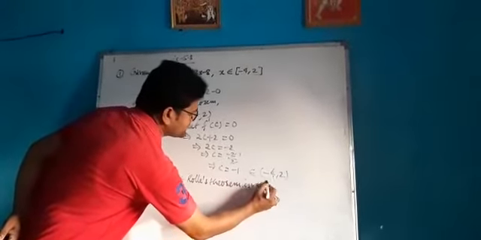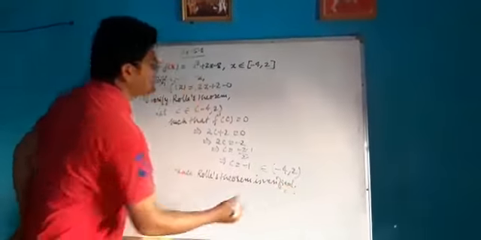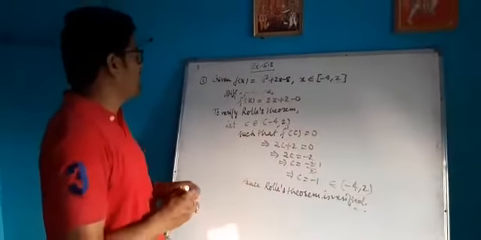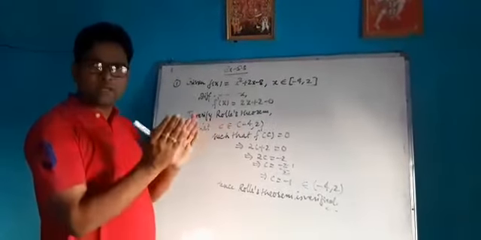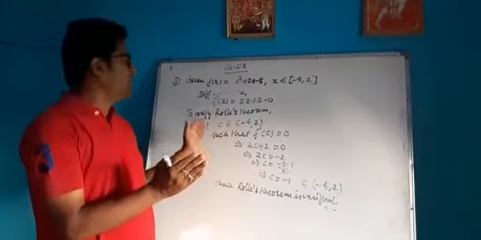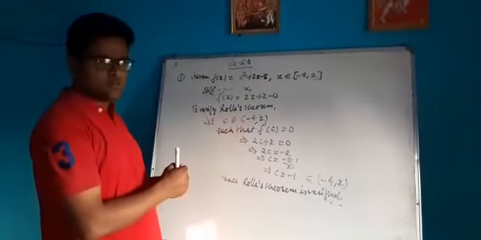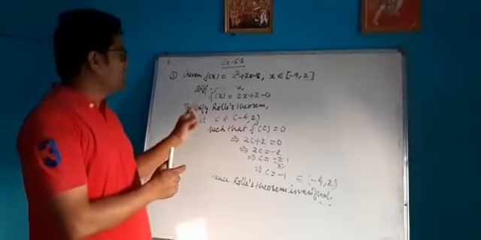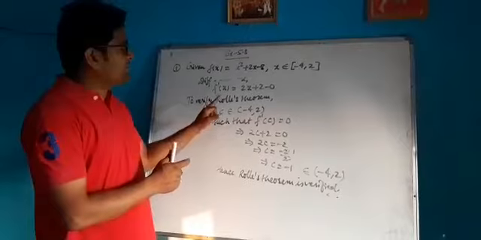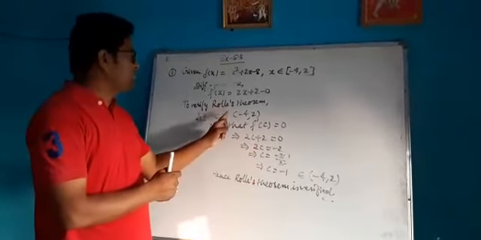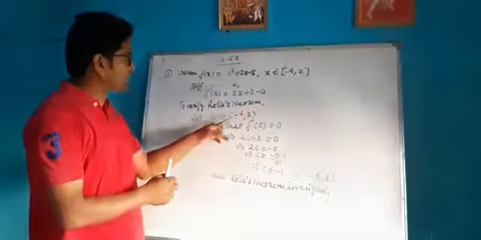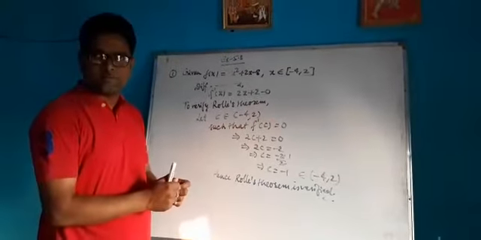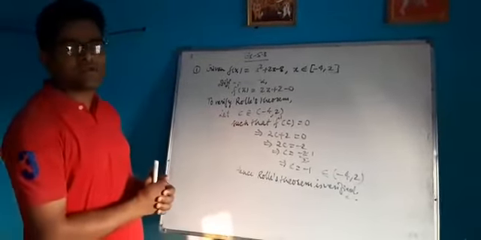It means we just suppose that c is a point in the open interval minus 4 to 2, so c is a value of x. After that we show that what we have assumed actually belongs to the same open interval by using the Rolle's theorem statement. This is the way to prove Rolle's theorem.